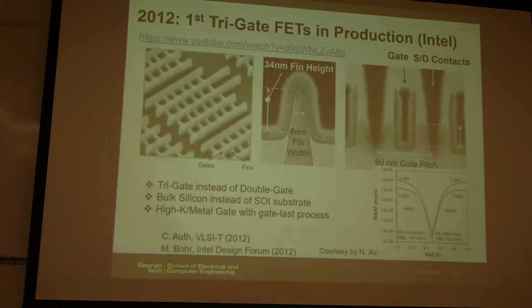But it took like 14 years for the industry to really commercialize this technology. This is 2012.